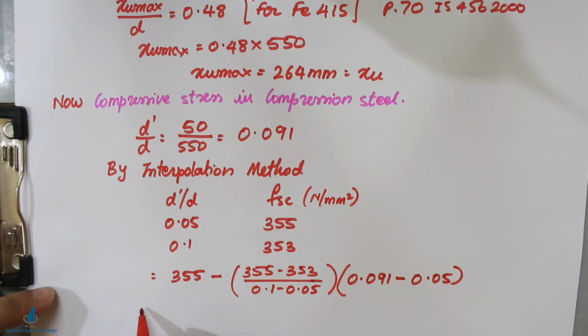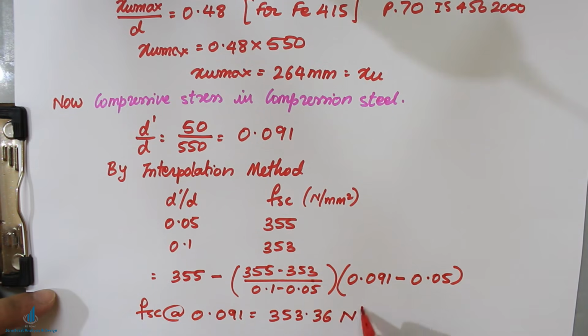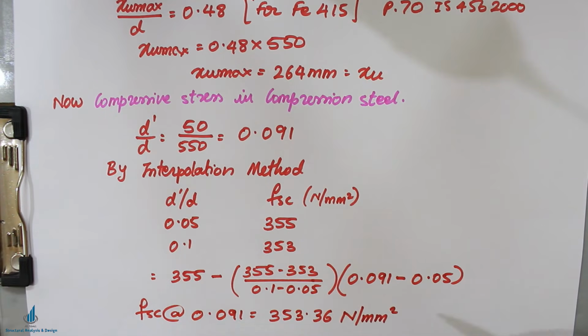Then this works out to be fsc at 0.091 will be 353.36 Newton per mm square. If you just check that value, this ratio 0.091 is very close to 0.1, and whatever fsc value you got at 0.091 is slightly greater than 353.